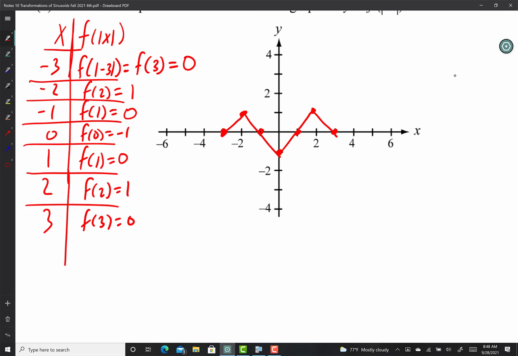Let's see, what am I going to write? Negative x values deleted. No, I'm just going to say quadrant 2 and 3 deleted.